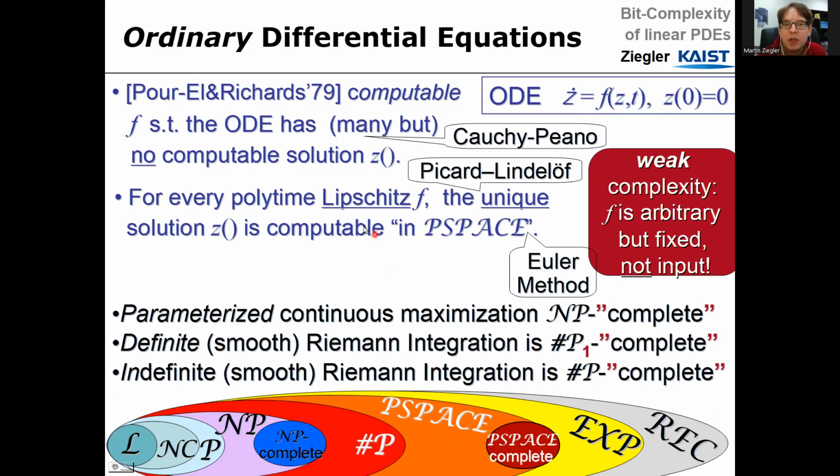Now, this has been observed in, I think, 1990 or 1991 by Ker-I Ko. And Ko asked, is this optimal? Is the Euler method optimal, or can we do better than PSPACE in terms of this complexity hierarchy? And this question remained open for 20 years until Akitoshi Kawamura indeed proved PSPACE is optimal.